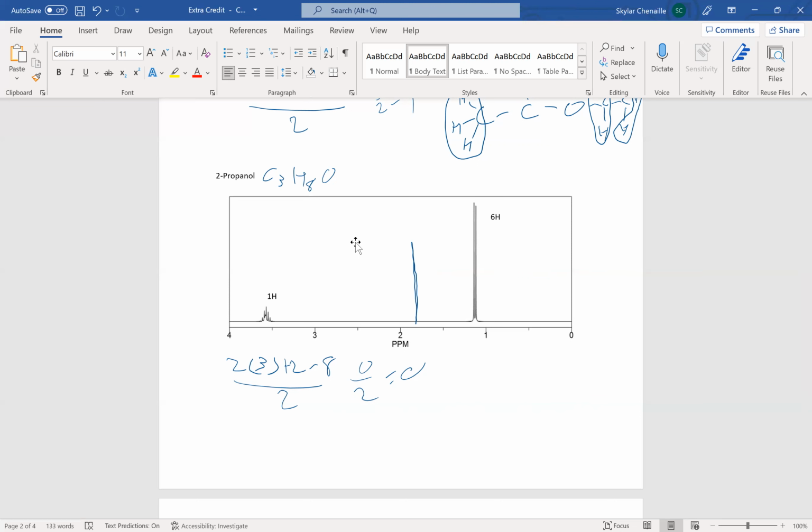So we have our idea here. We have a, is that 1, 2, 3, 4, 5, 6, 7. So this is a 7. So septet or multiplet, but looks more like a septet. So we have 1 septet. And then we have, this is very clearly a doublet. So we have 1 doublet.